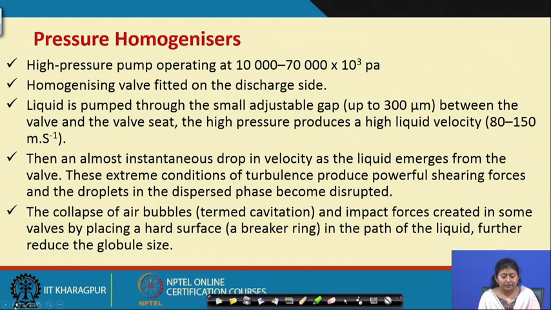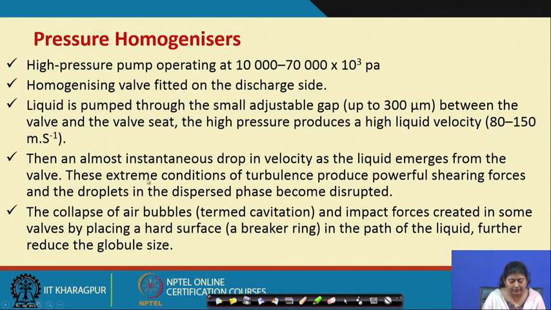Liquid is pumped through a small adjustable gap, up to 300 micrometer, between the valve and the valve sheet, and the high pressure produces a high liquid velocity, 80 to 150 meter per second. Then an almost instantaneous drop occurs. Initially the liquid velocity is very high because of the pressure.